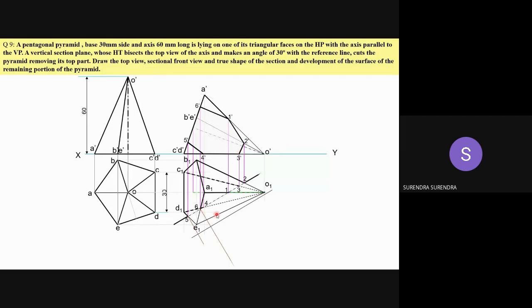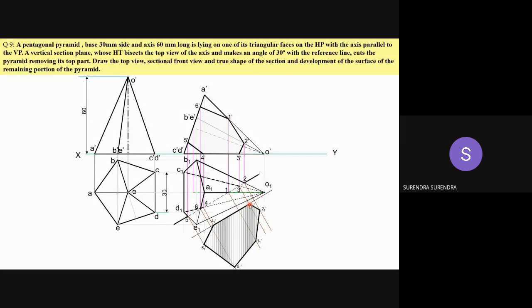First draw the perpendicular lines from all these points 1, 2, 3, 4, 5, 6. So 3 and 4 are on the reference line, project 3 and 4 only up to this particular position and mark the remaining points. Finally, you get the true shape of the section.